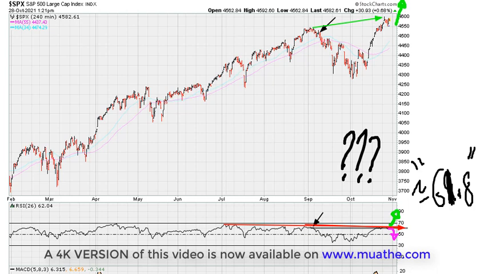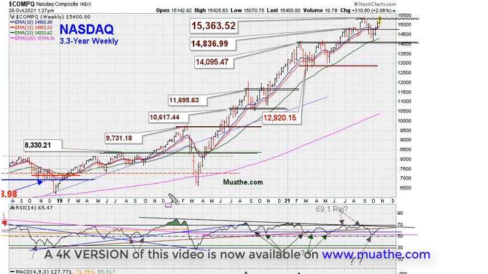I apologize for this busy chart, but it is the Nasdaq Weekly. We can gauge the market strength as long as the Nasdaq is holding above 15,363.52, which is the weekly closing high from right there, which was the weekly closing high in August.